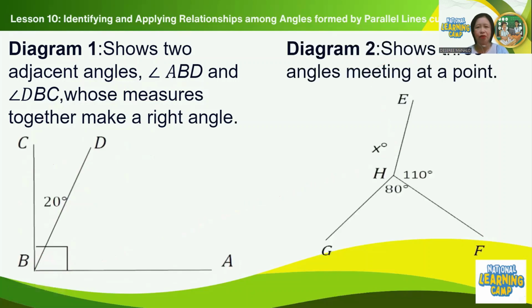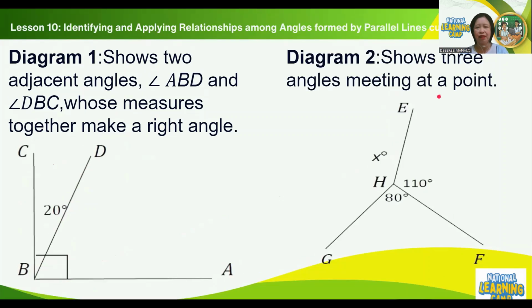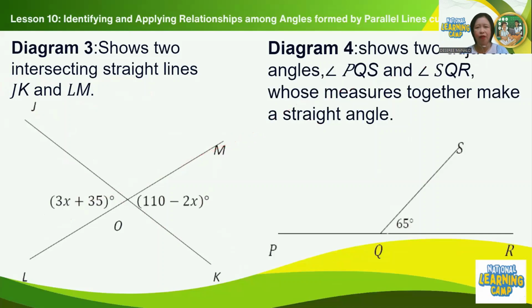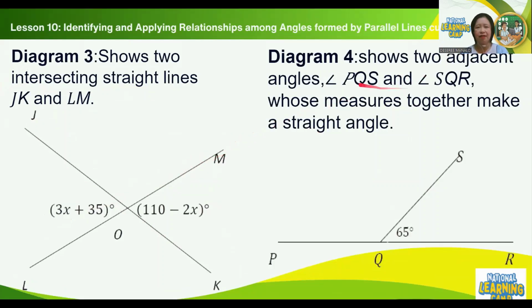Diagram 2 shows three angles meeting at a point. Diagram 3 shows two intersecting straight lines, JK and LF. Diagram 4 shows two adjacent angles, angle PQS and angle SQR, whose measures together make a straight angle.